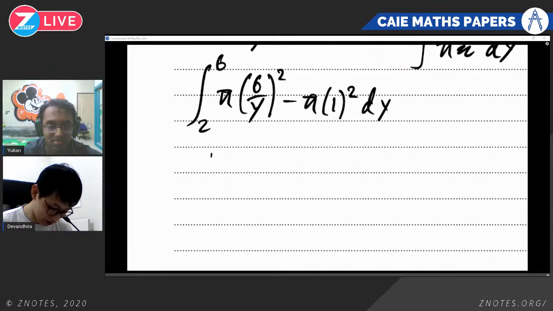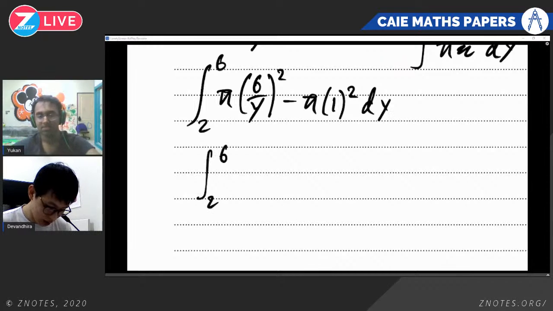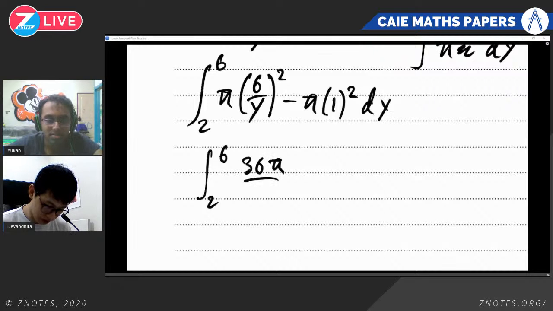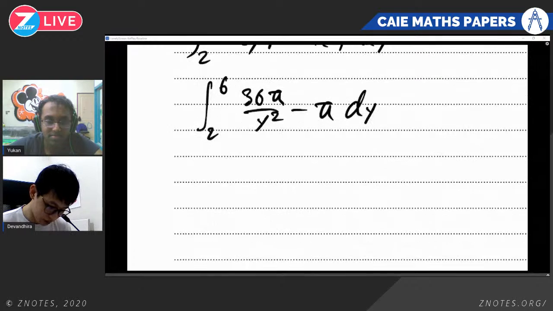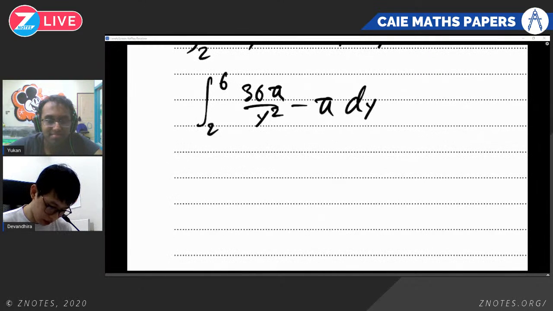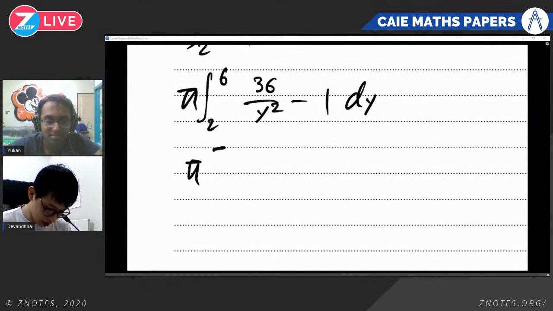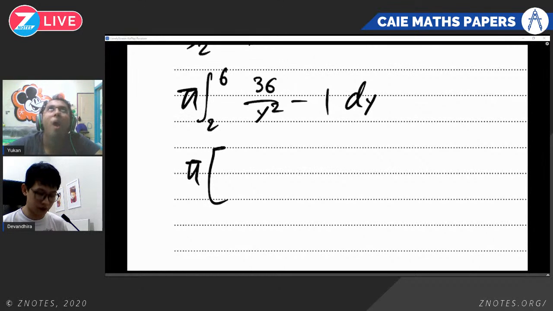Let's simplify everything. We have the integral from 2 to 6 of 36 pi over y squared minus pi dy. Let's integrate this normally. I want to bring out the pi so it's much easier. You can just factor the pi out: 36 over y squared minus 1, and pi. Let's integrate this one by one. What's the antiderivative of 36 over y squared?